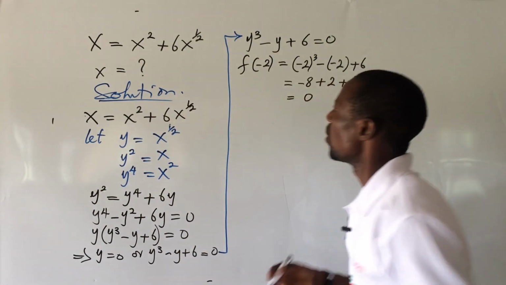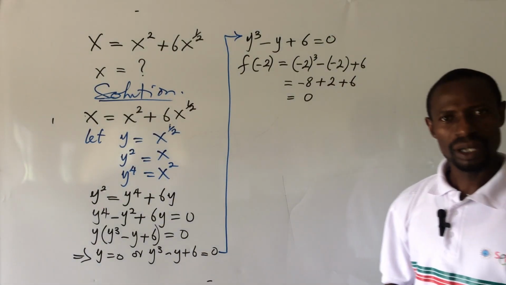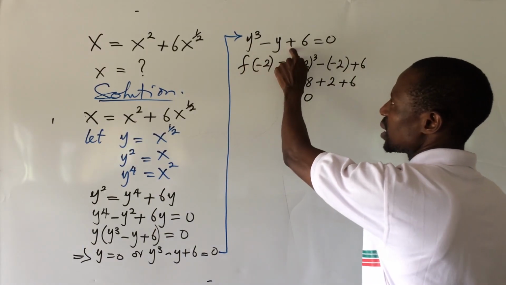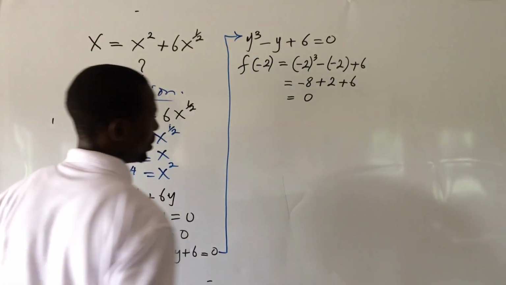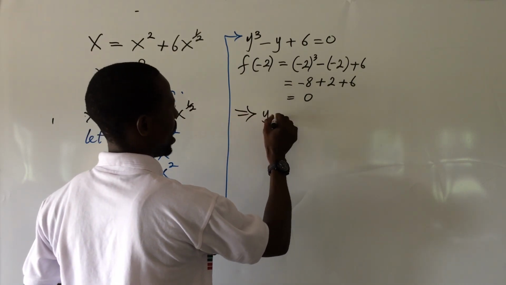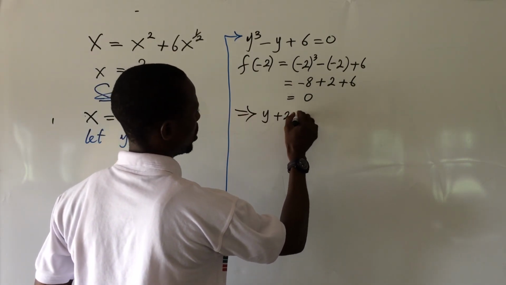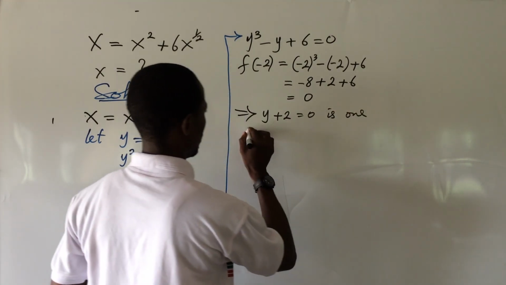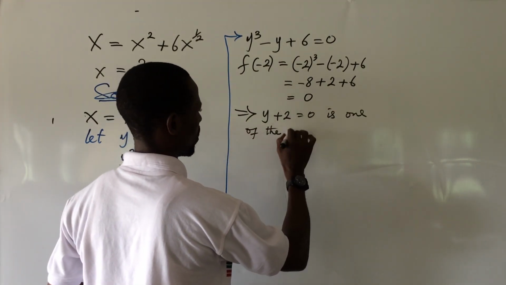So y plus 2 is one of the roots of this polynomial. So therefore, this now implies that y plus 2 equal to 0 is one of the roots.